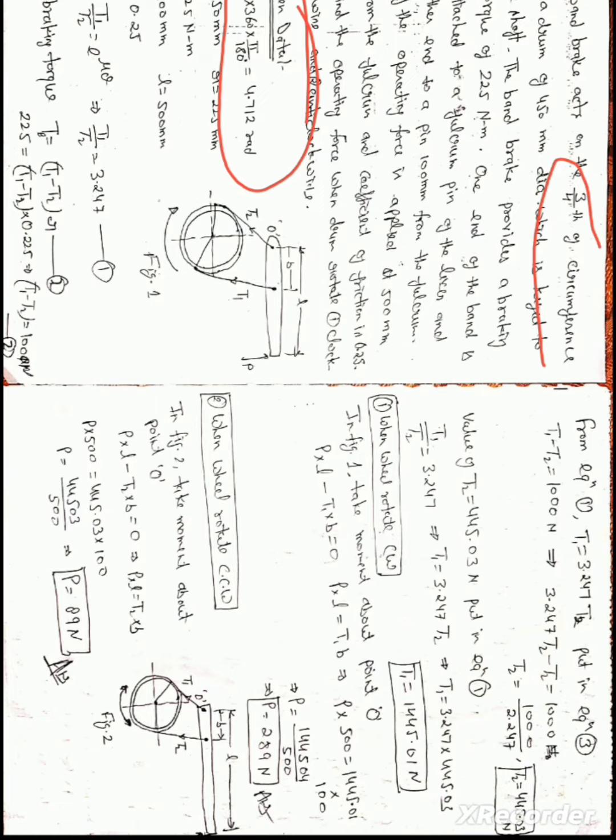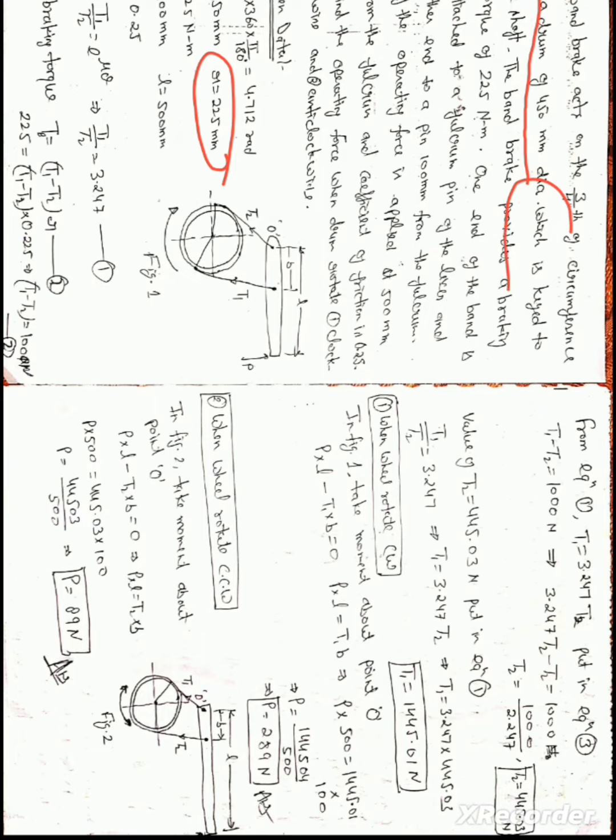Okay, now move on to the second given data. The drum is of 450 mm diameter, so the radius will be 225 mm. Now move on.